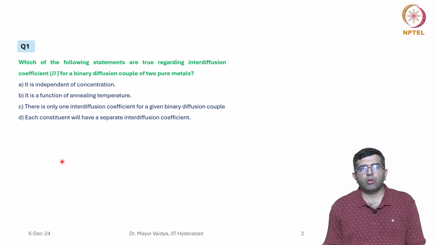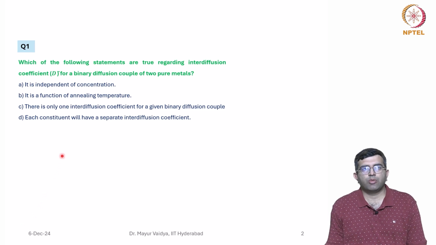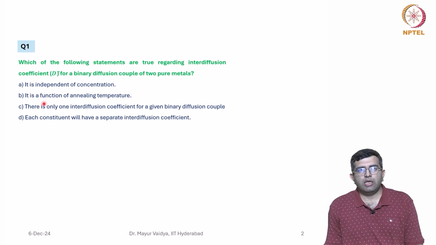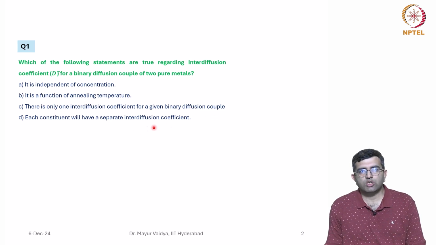Question number 1 is an objective type question which says: which of the following statements are true regarding the interdiffusion coefficient for a binary diffusion couple of two pure metals? A, it is independent of concentration. B, it is a function of annealing temperature. C, there is only one interdiffusion coefficient for a given binary diffusion couple.